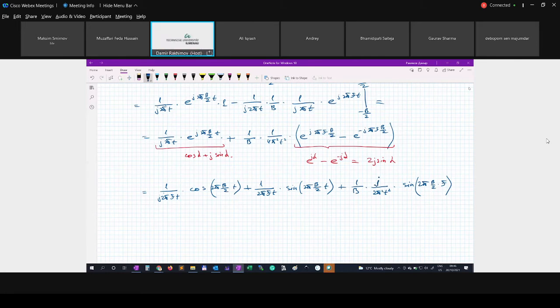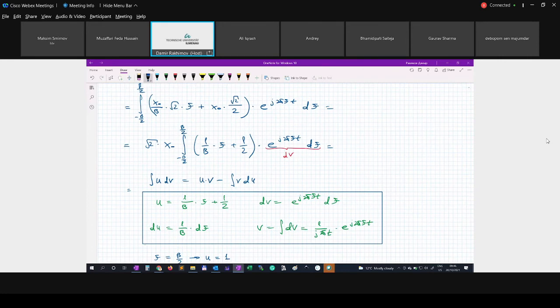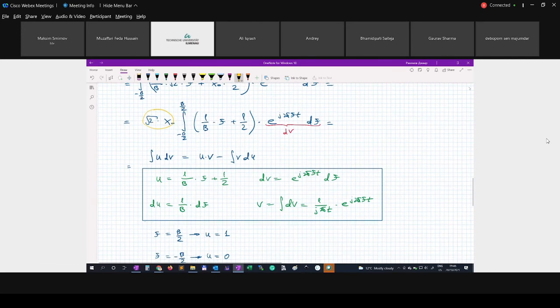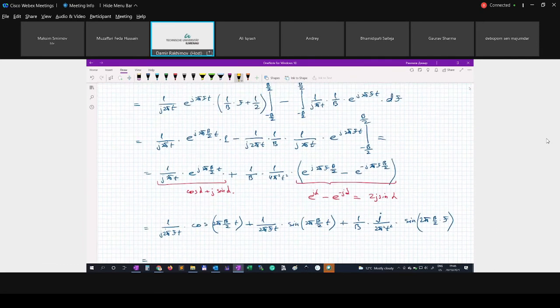Okay, so now we can actually reorder slightly our expression, and remember, I forget to write 2x0. So I have to actually place this square root of 2x0 everywhere. Square root of 2x0 multiply the whole expression.